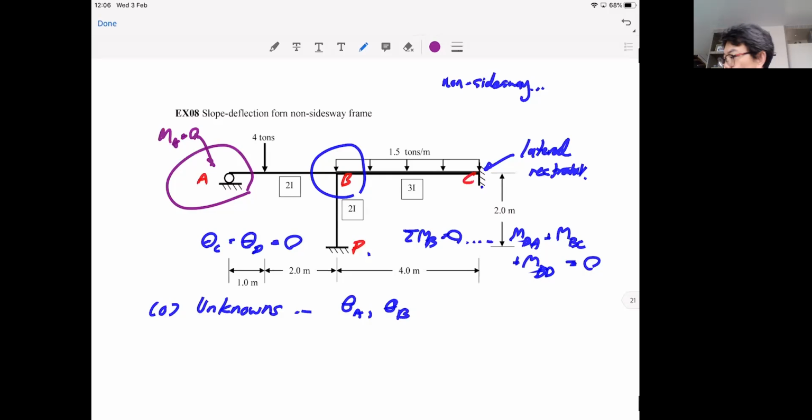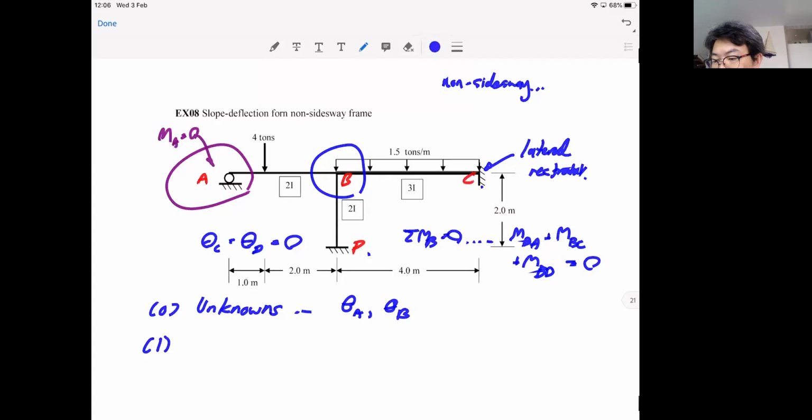Now, before we go on and use that extra equation, let me carry on and show you that if you don't want to use that equation, you can always wrap it up or try to solve that equation before you create your moment equation.